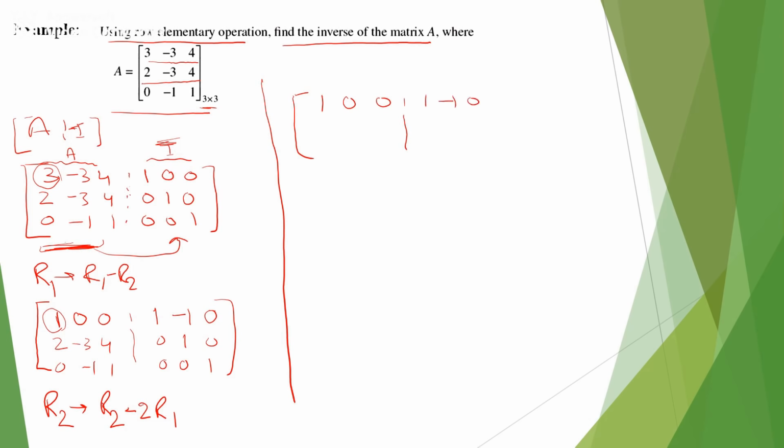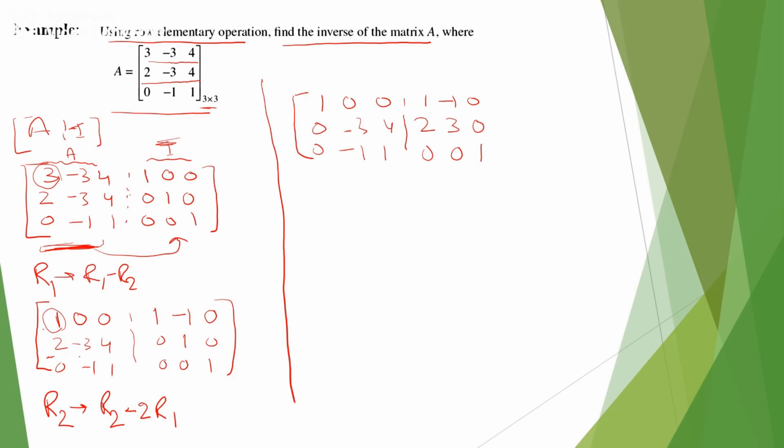So 2 minus 2 times 1 becomes 0, minus 3 and 2 times 0 gives minus 3, 4 minus 2 times 0 we get 4. And on the right hand side, the identity side: 0 minus 2 times 1 is minus 2, 1 minus 2 times 0 becomes 1, and 0 minus 0 is 0. The last row, the third row, is the same because we apply the operation on row 2.